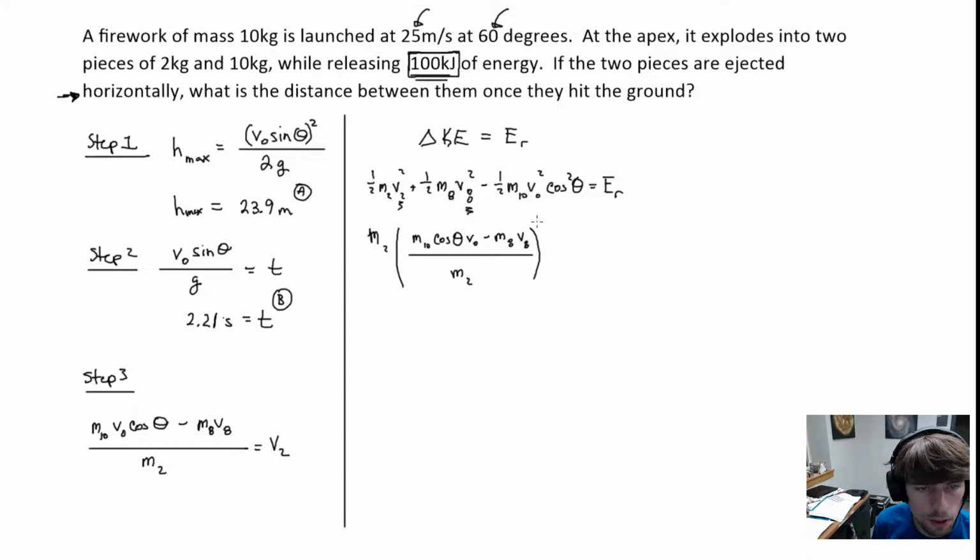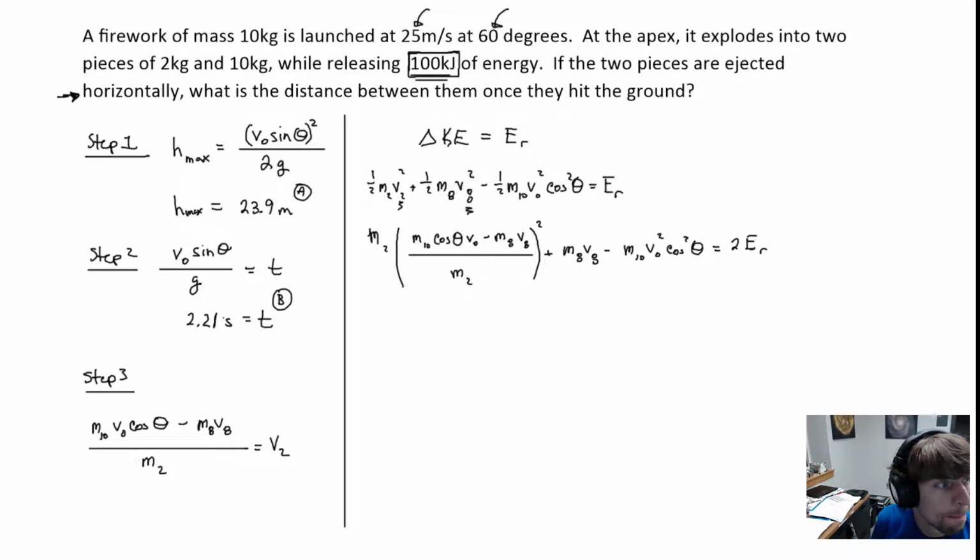That quantity will be squared plus m8 v8 minus m10 v naught squared cosine squared of theta equals 2 times ER. Probably want to go to the ER soon. Oh, goody. At least this m2 will cancel this one in the denominator.